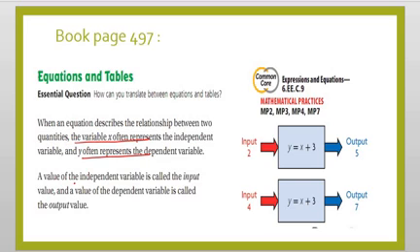The value of the independent variable is called what? Input, as we said in our previous video. And the value of the dependent variable is called what? The output value. So if you see this box here, it has the relationship or the equation y equals x plus 3.